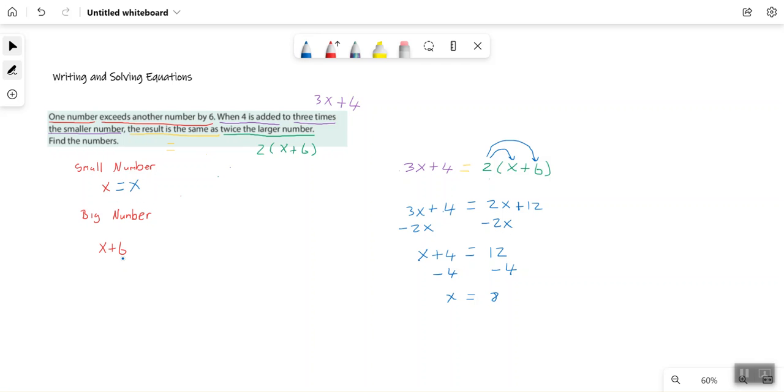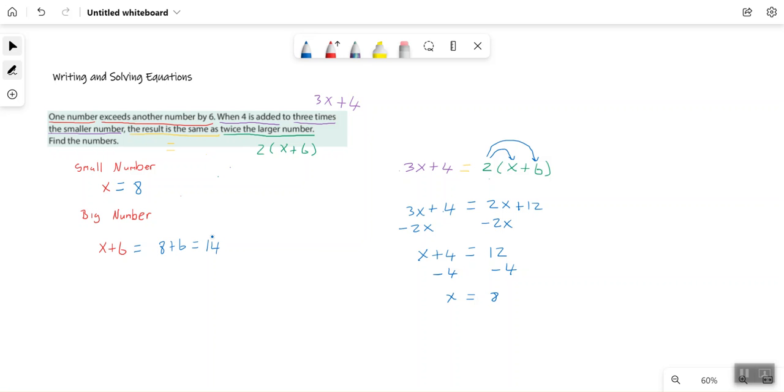And the bigger number, which is this one here, is equal to x plus 6. So with x equal to 8, the bigger number is 8 plus 6, which is equal to 14.